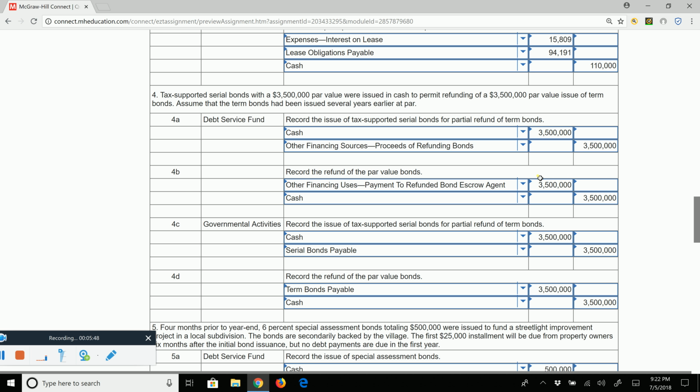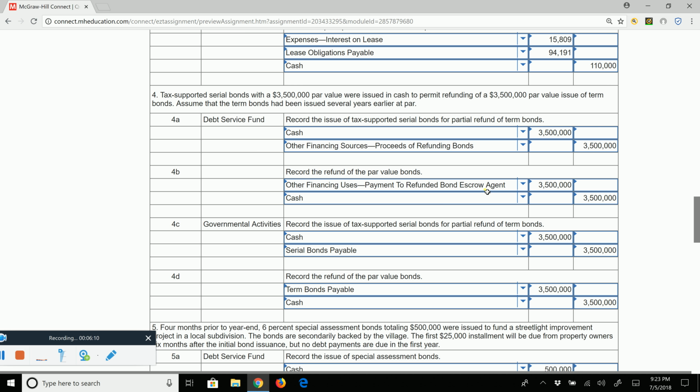And this is what you need to understand. When the old bonds are paid off with refunding money, the debit is going to go to other financing uses. Now, in this chapter and in earlier chapters, whenever we paid back principal of a debt, we debited an expenditure account.